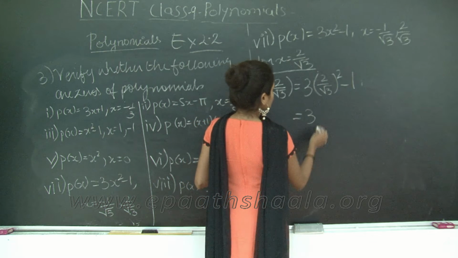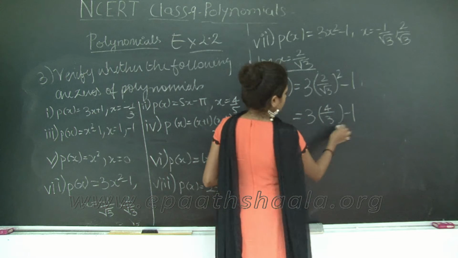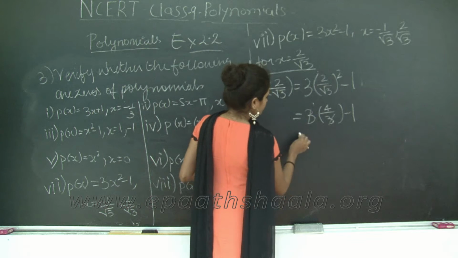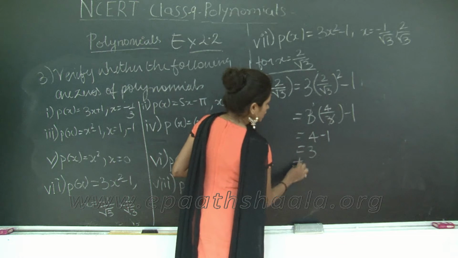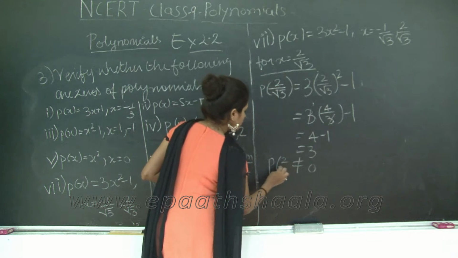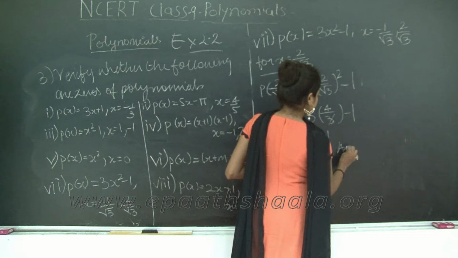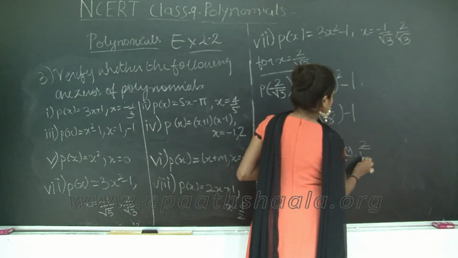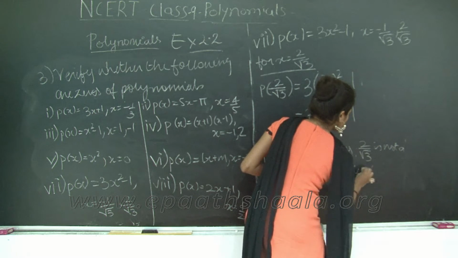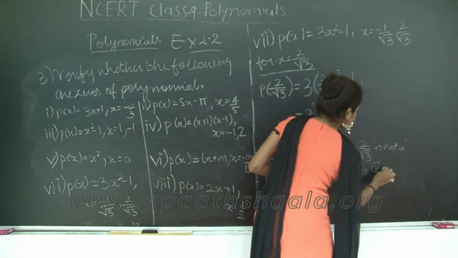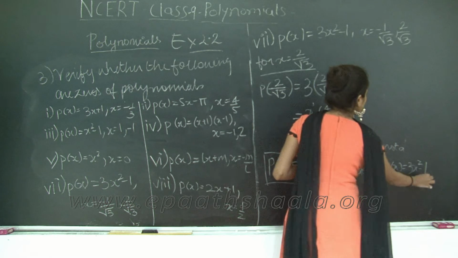The square of 2 upon root 3 will be 2 square is 4 and root 3 square is 3, minus 1. 3 ones are 3 and 3 ones are 3. So I am left with 4 minus 1, which is equal to 3. Now this is not equal to 0. So P of 2 upon root 3 is not equal to 0. Therefore, answer: 2 upon root 3 is not a zero of polynomial P(x) is equal to 3x square minus 1.